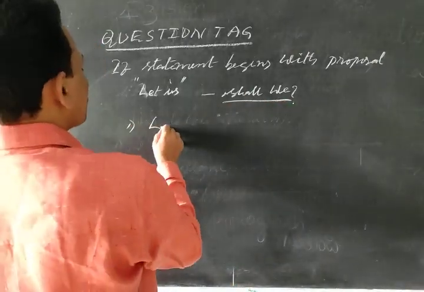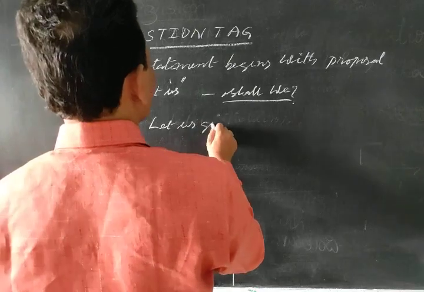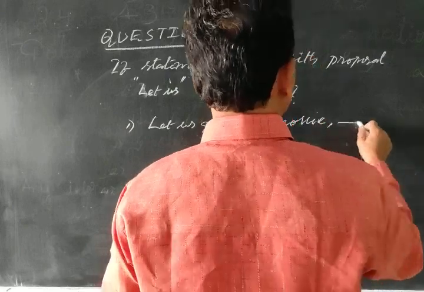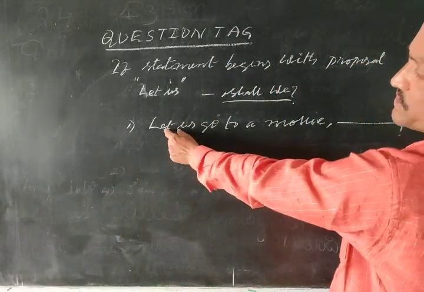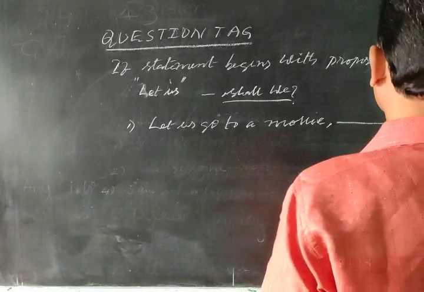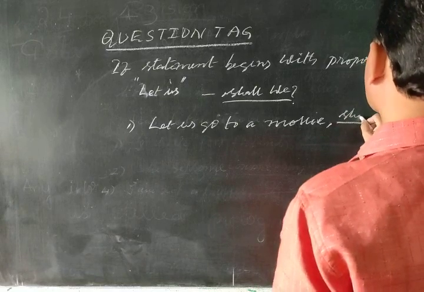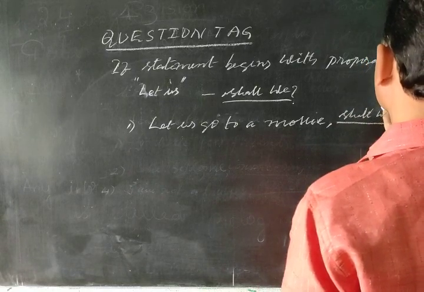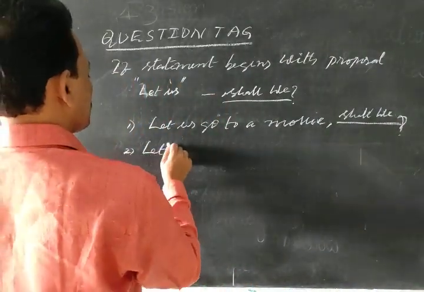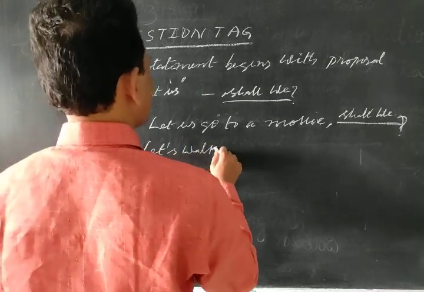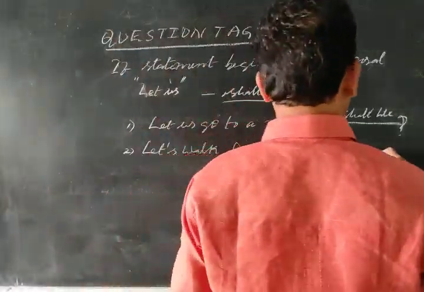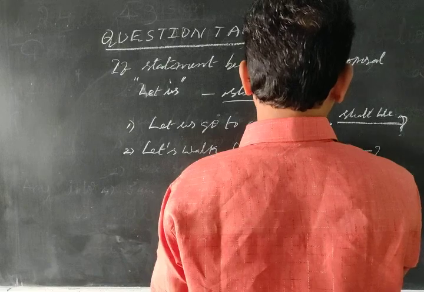Example: let us go to a movie. See, this statement begins with a proposal like "let us go to a movie". Here, shall we? Let's walk fast. Same here: statement, proposal, and the question tag ends with "shall we".